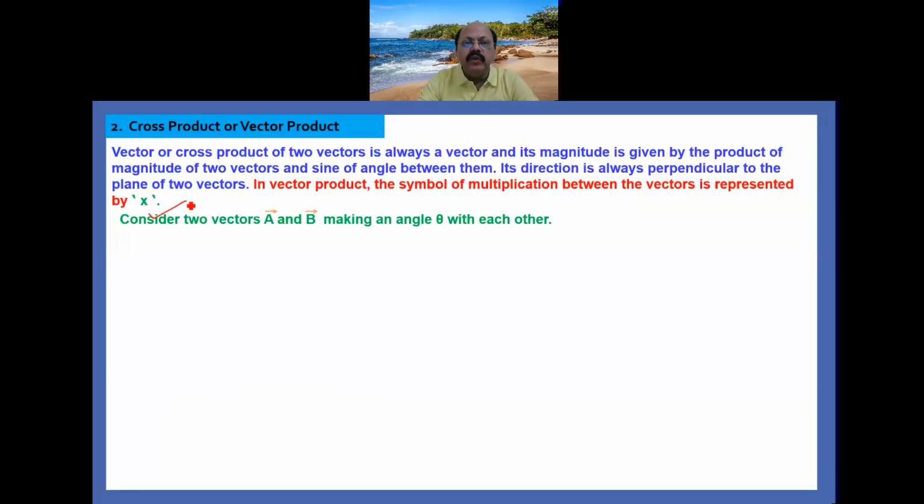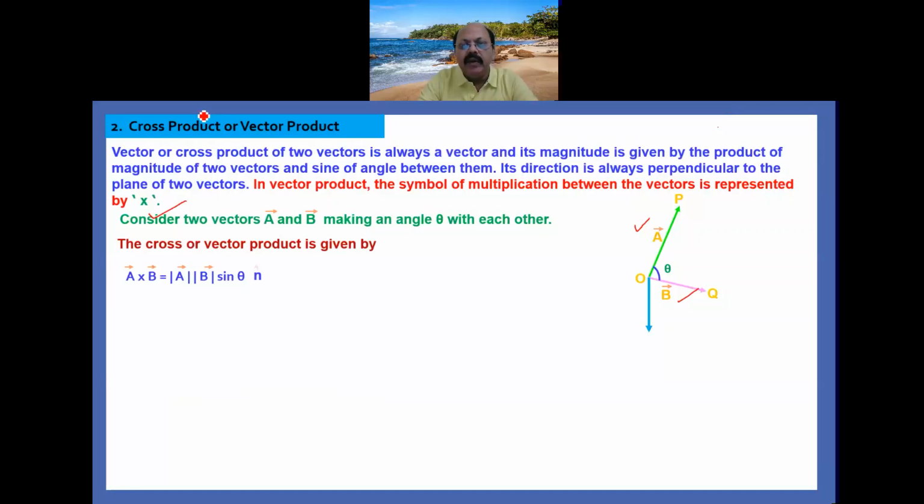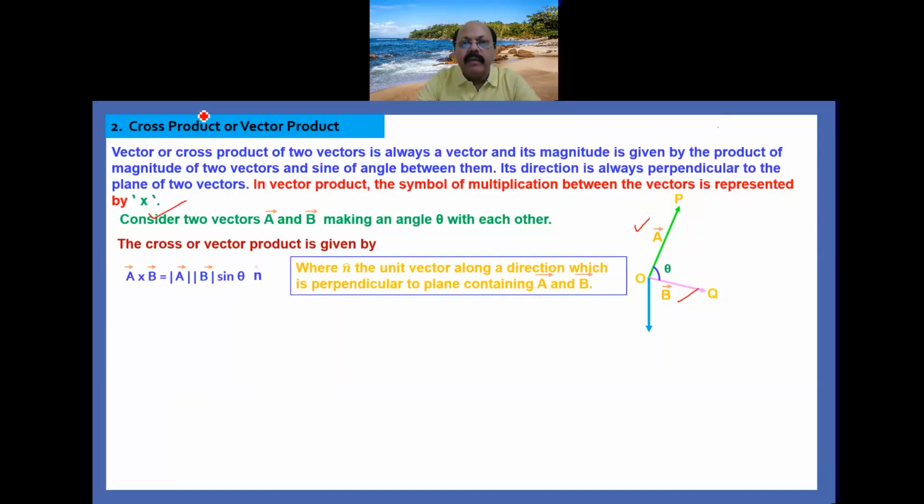Now if we consider two vectors, say a vector and b vector, making an angle theta with each other, you can see here this is a vector and this is b vector, making angle theta with each other. Then the cross or vector product is given by a vector cross b vector equal to mod of a vector, mod of b vector, sine theta n cap, where n cap is the unit vector perpendicular to the plane containing the a vector and b vector.